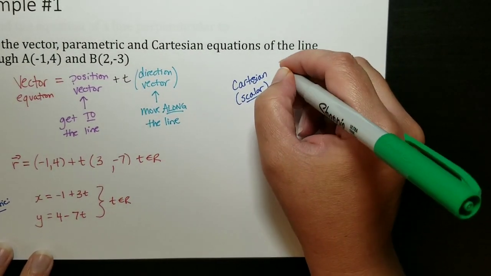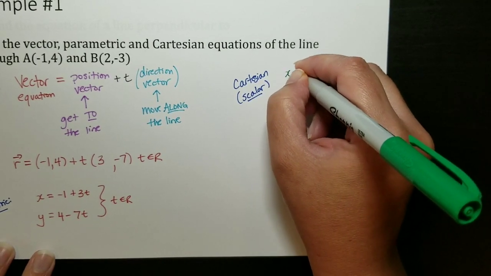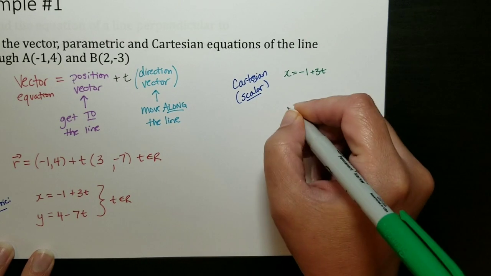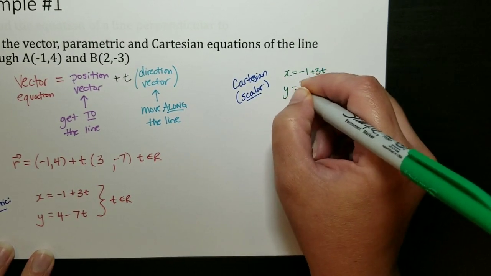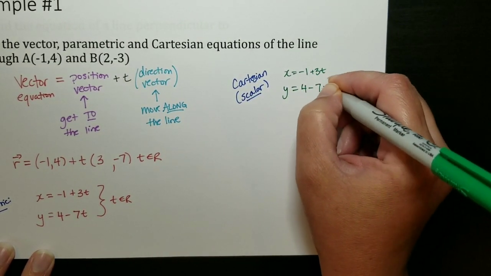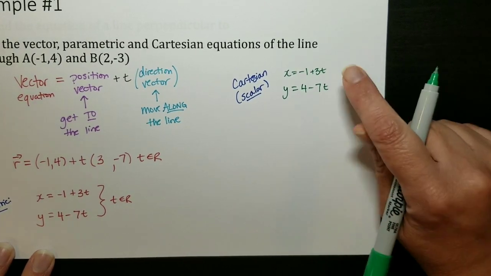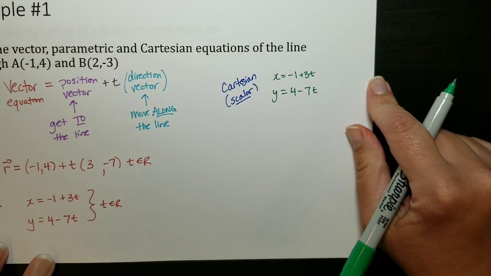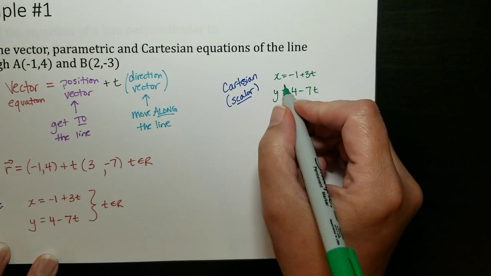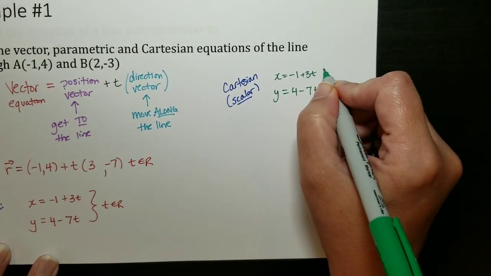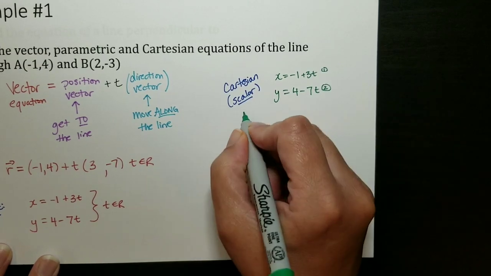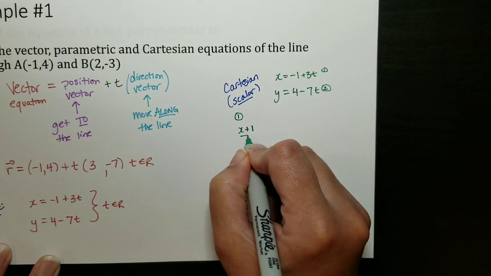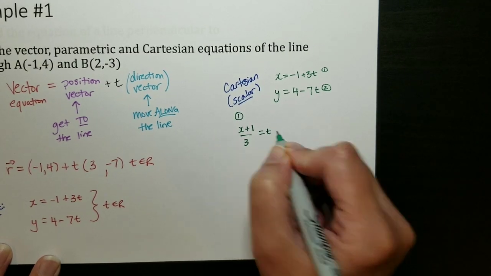So I know that x equals -1 plus 3t and y equals 4 minus 7t. And what I'm going to do is solve for this t value in each of these two equations. So the first equation, just numbering them, equation 1, I would have x plus 1 over 3 equals t.